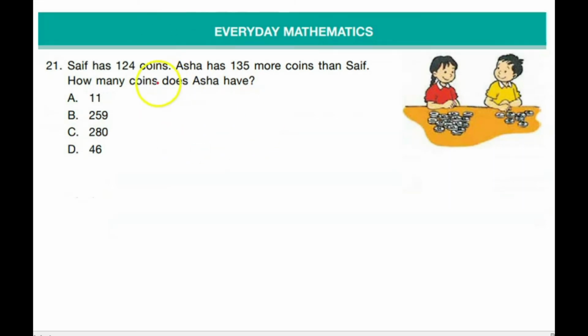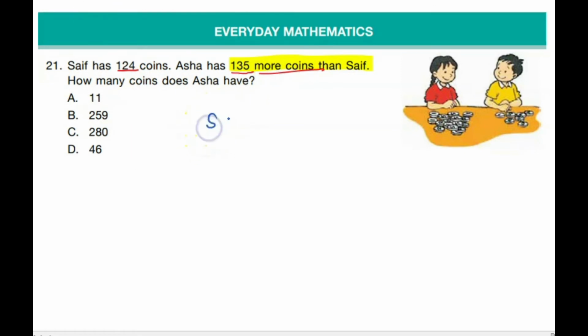From everyday mathematics. Saif has 124 coins. Asha has 135 more coins than Saif. So this is not the value or the number of coins Asha has, but it's the comparison value. How many coins does Asha have?